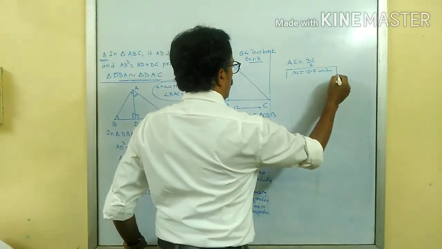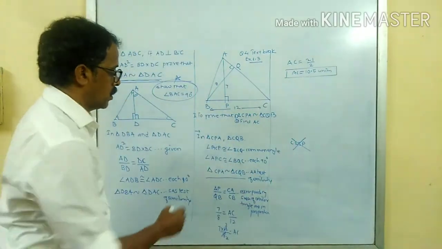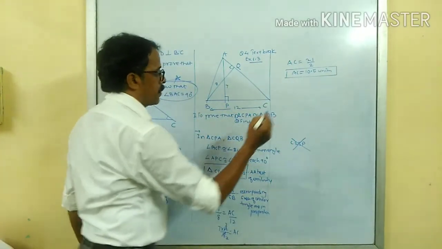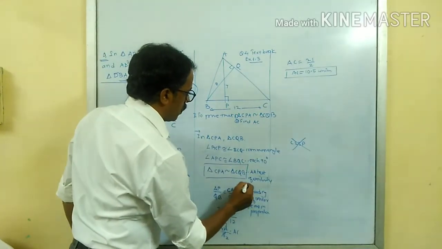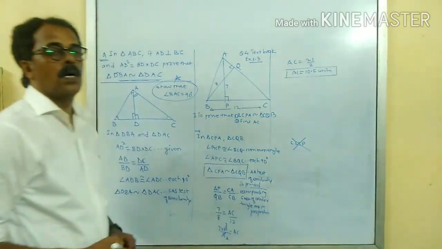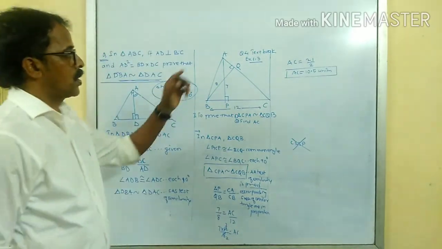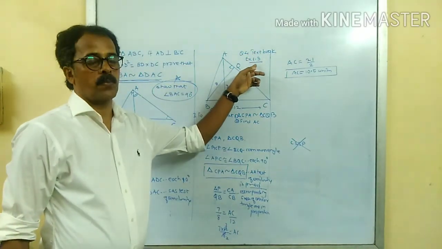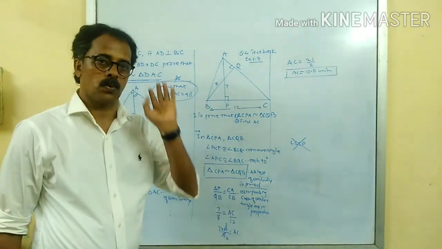You need to write down the answer in units. Okay, so this is your first, proved. Here you need to write down proved, and here we found. So that is the answer for question number 4, exercise 1.3 from the SSC textbook.